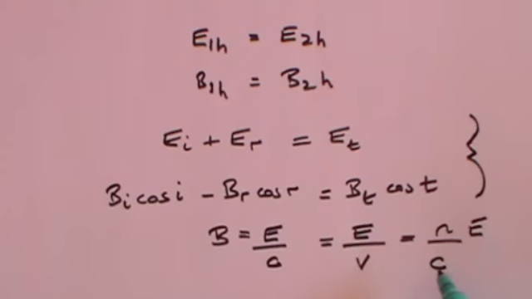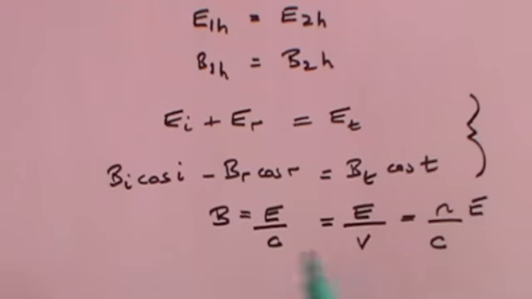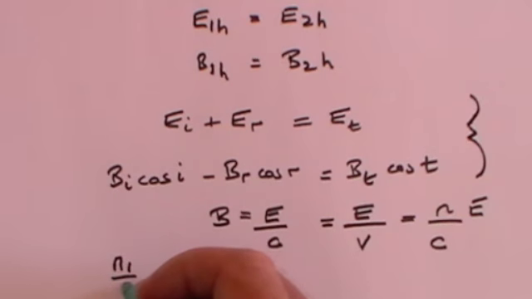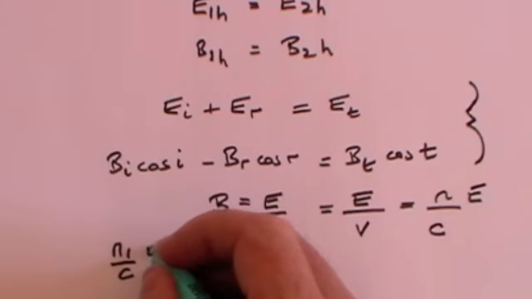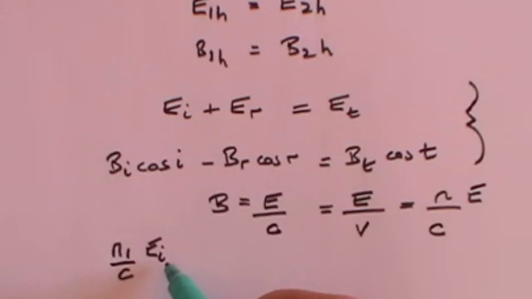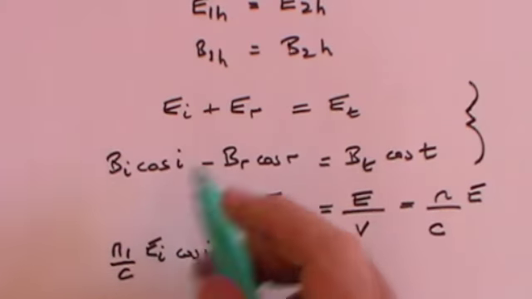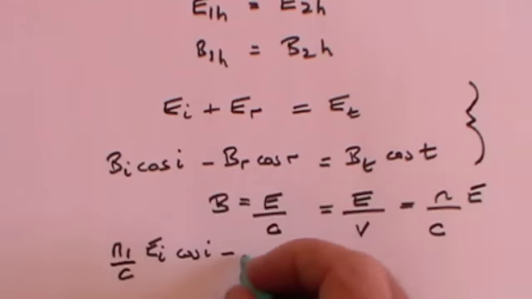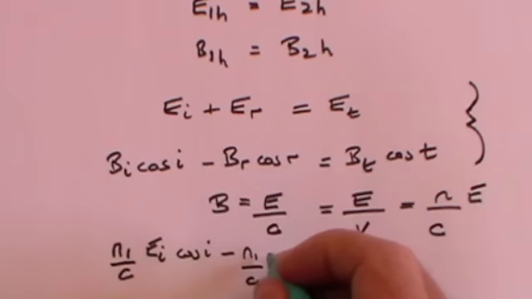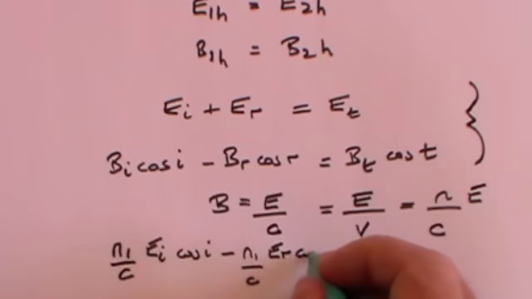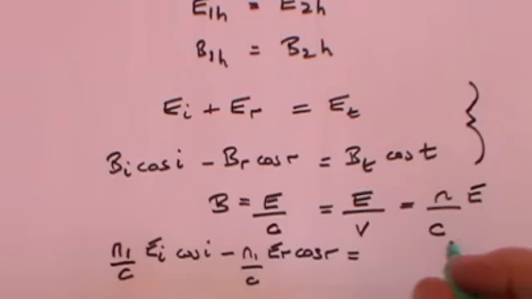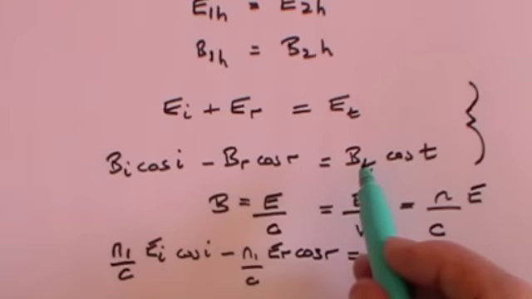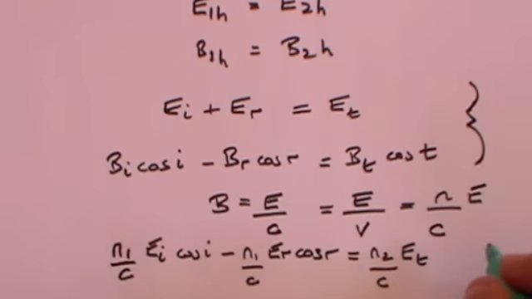For B, I'm going to substitute N over C times E. So consequently, since we are in medium 1, I'm going to get N1 over C times EI, because it was BI, so it's going to be the associated EI, times the cosine of the angle of incidence, minus, now I'm still in medium 1, so it's going to be N1 over C times now ER, because it's the associated reflected field, times the cosine of R, is equal to, now we're in medium 2, so it's N2 over C times the respective E field, ET, times the cosine of T. And you can see that the C's will simply cancel out throughout.